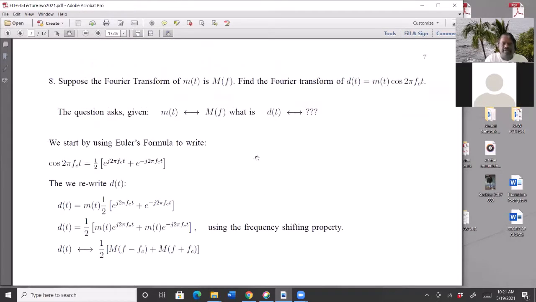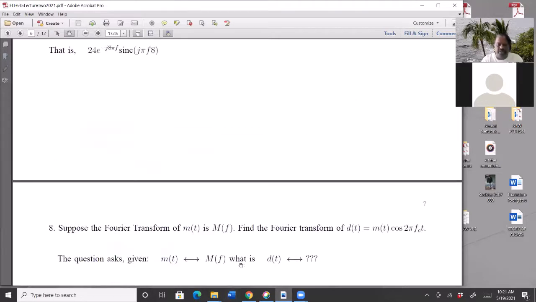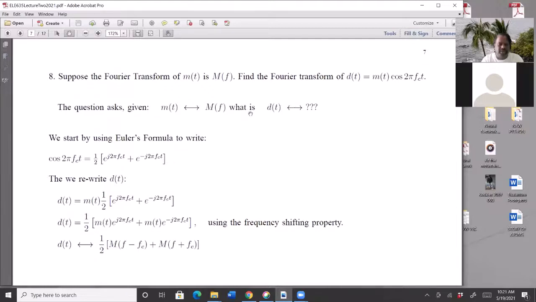Basically, if you know the spectrum of a time domain signal, that time domain signal multiplied by a cosine wave has basically the spectrum of the signal shifted by minus f c and plus f c.